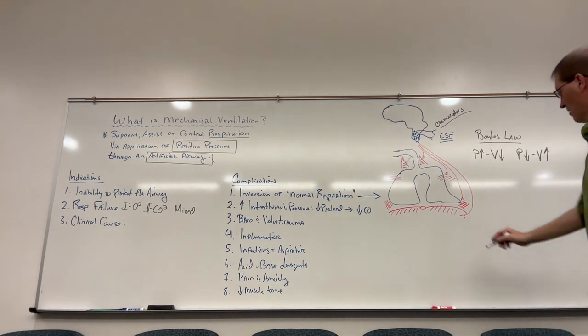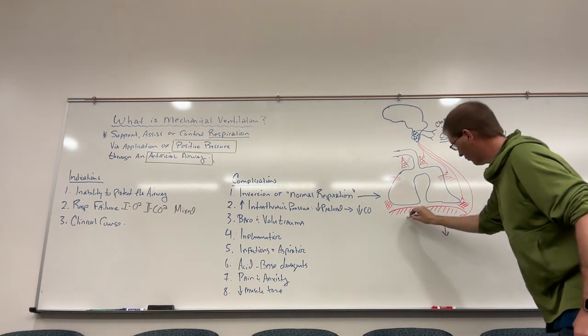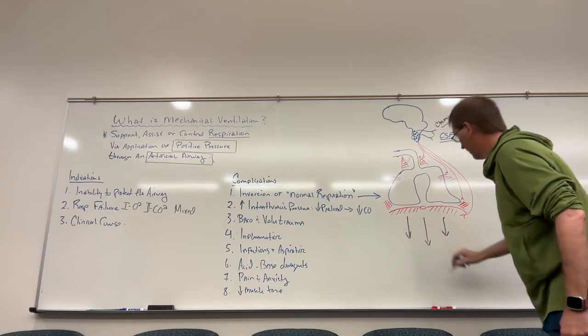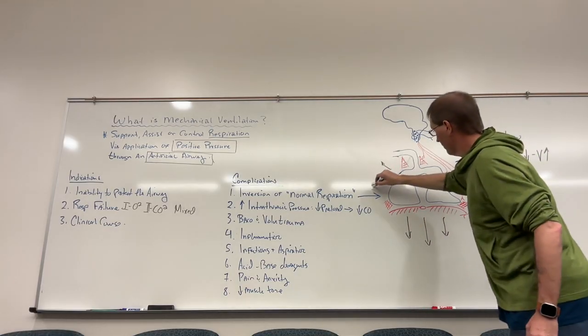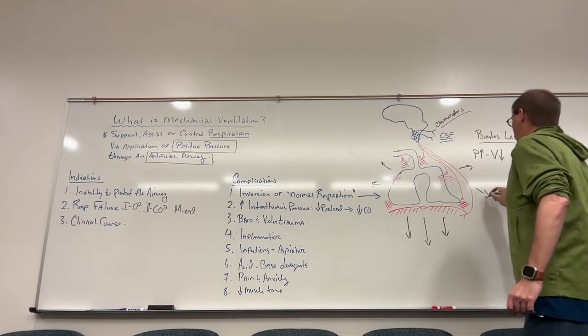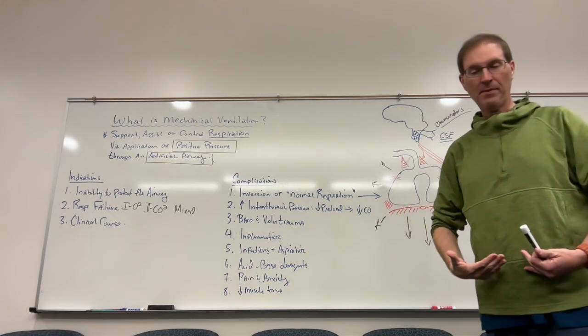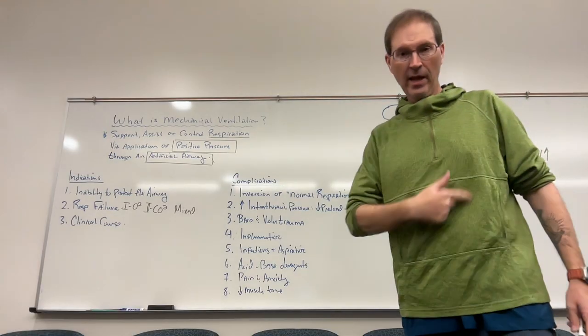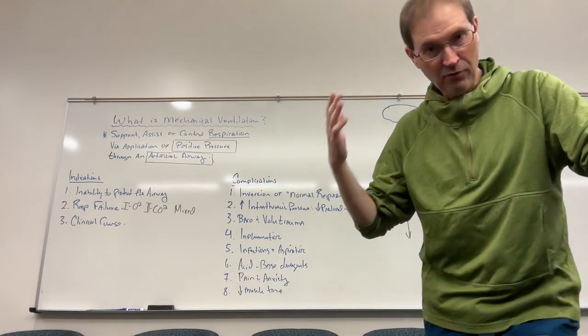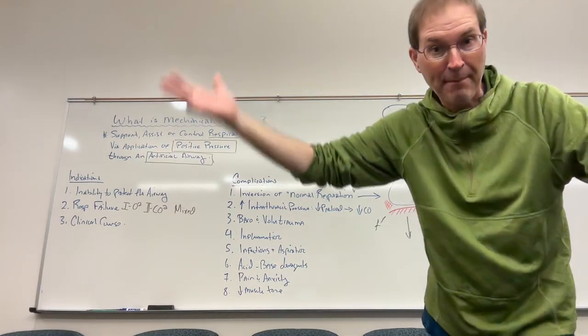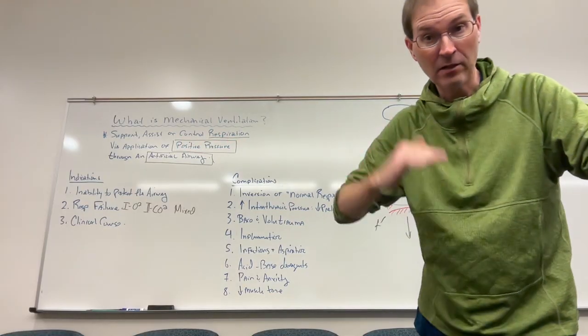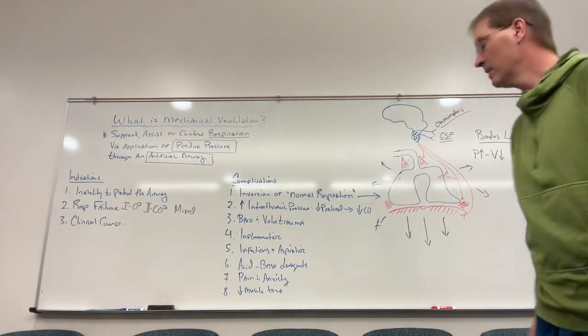So what happens here is as the diaphragm drops down and the size of the thoracic cavity increases, that is going to produce a negative pressure, or pressure that is negative when compared to atmospheric pressure. All right, it's going to be lower than atmospheric pressure.